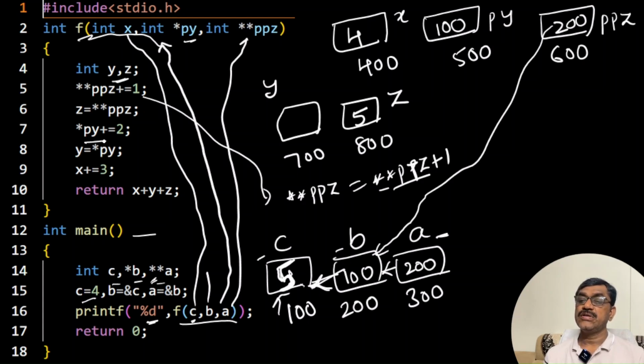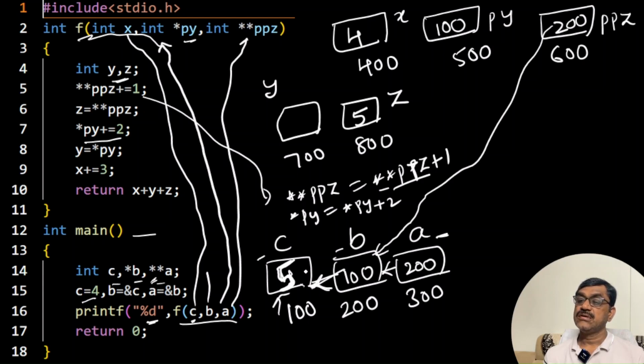Now after that we are saying *py += 2. The meaning is *py equals *py plus 2. Now what is meant by *py? What is there in py? 100. Star 100, how much? Again 5.